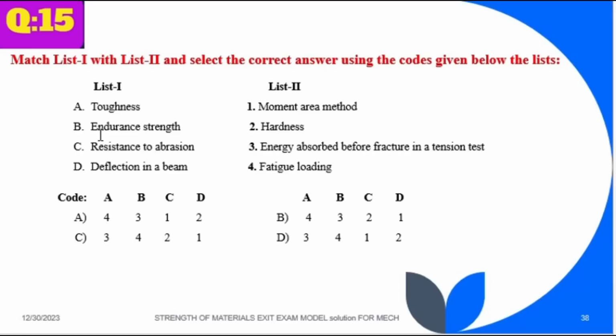B, endurance strength, is correctly matched with 4, fatigue loading. C, resistance to abrasion, is hardness. And D, deflection in a beam, is the moment area method. So the correct answer for this question is choice C.